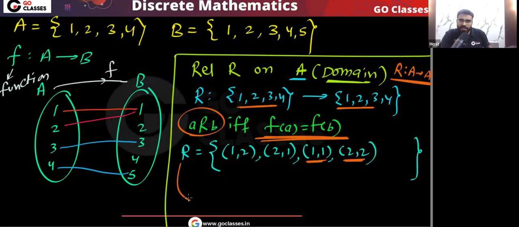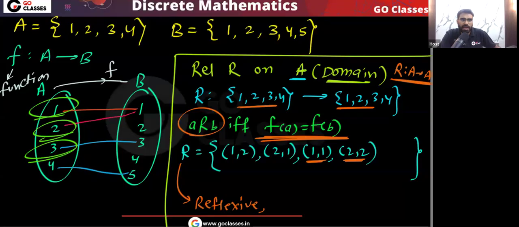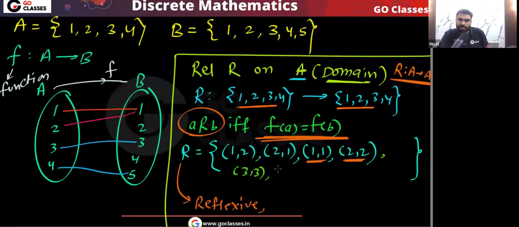So can I say that R will actually be reflexive? What is your observation? Yes, every element will be related to itself. You can see 3 will be related to 3, 4 will be related to 4. Also, you tell me one thing. Can I say this will be symmetric?